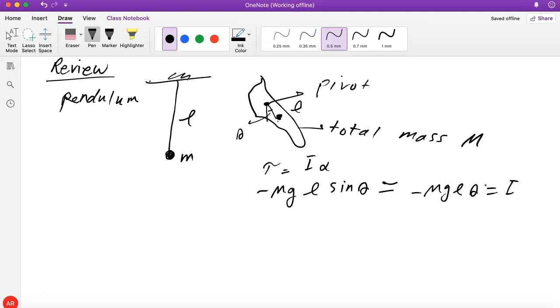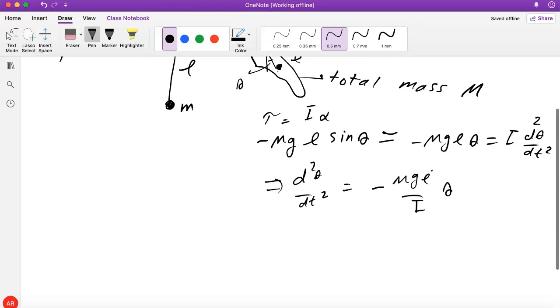And that's I, the moment of inertia around the pivot point, times alpha, which is the second derivative of theta with respect to time. So from this, we found that the second derivative of theta with respect to time is minus mgL over I times theta in the limit of small oscillations, and this is the number we identify with omega squared, so we found that omega is the square root of that coefficient there.